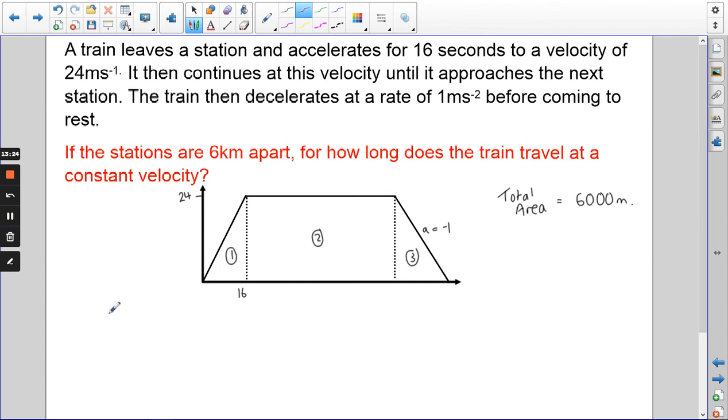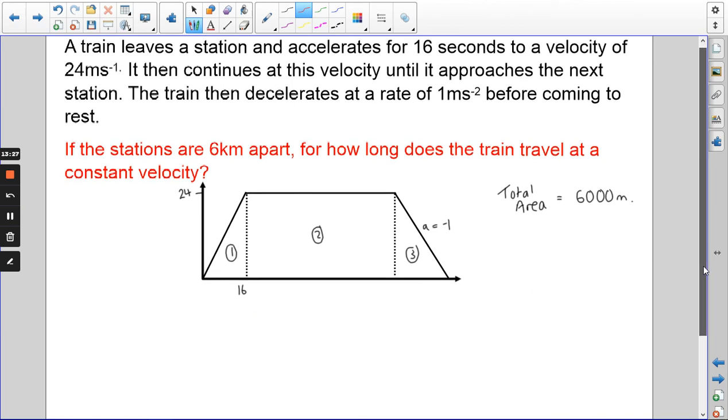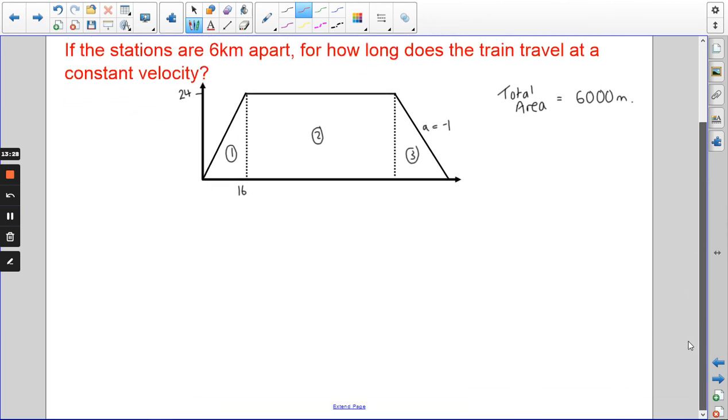Okay, section 1, let's have a look at what we know. So I can move this down now because there's nothing in the question that isn't on my graph. In section 1, we know that v is 24, we know that u is 0, we know that t is 16, and I don't think a is particularly going to help me, but I can find s.